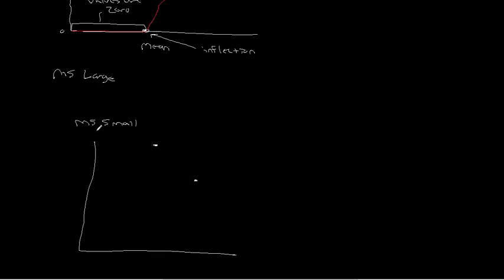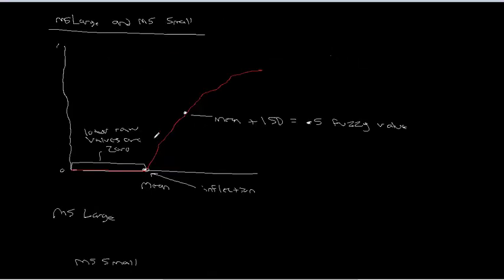What happens here is instead we have all of the values below the mean are 0, and then we do our curve like that. Actually, that would be more like that. Right, and again, with MsSmall, we're emphasizing the values less than the mean. With MsLarge, we're emphasizing values higher than the mean.